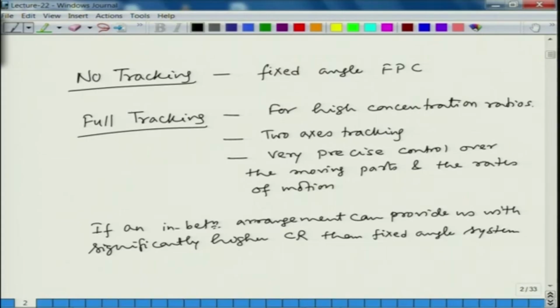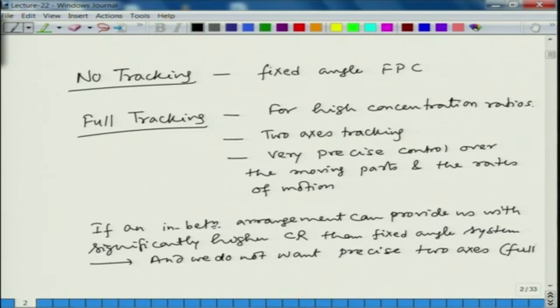We require that kind of system, and we do not want precise 2 axis, which is often called full tracking, as the required CR or concentration ratio is not that high.